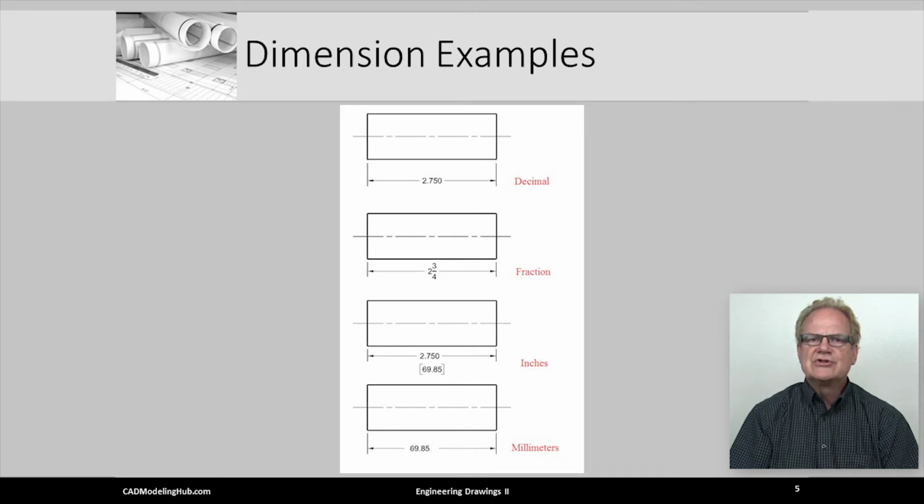The bottom image shows a dimension as a metric value. This looks just like a decimal inch dimension, and for that reason, metric drawings are always labeled or annotated as metric.